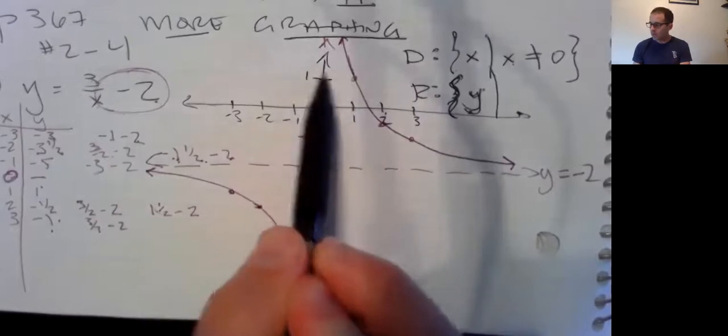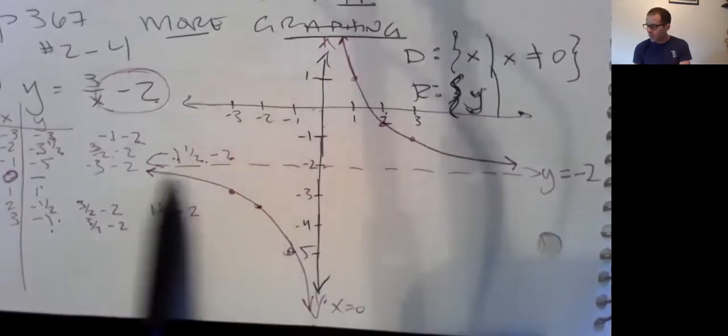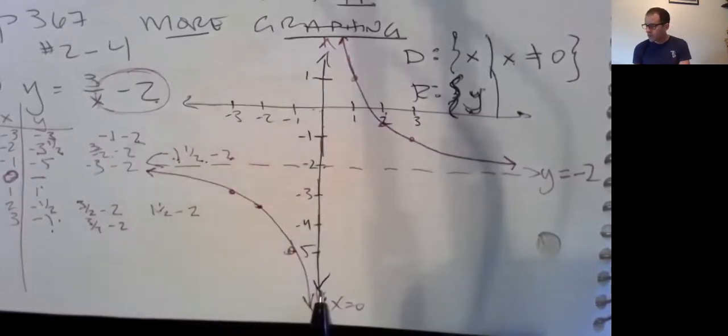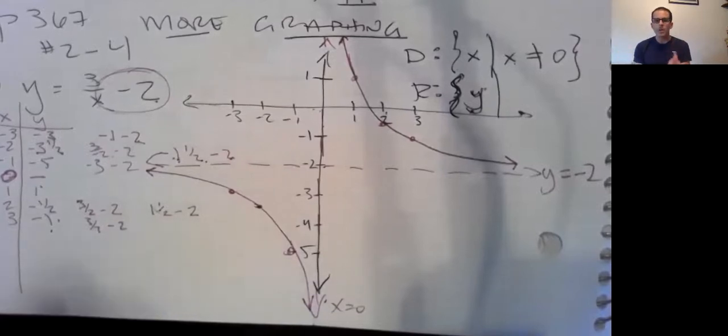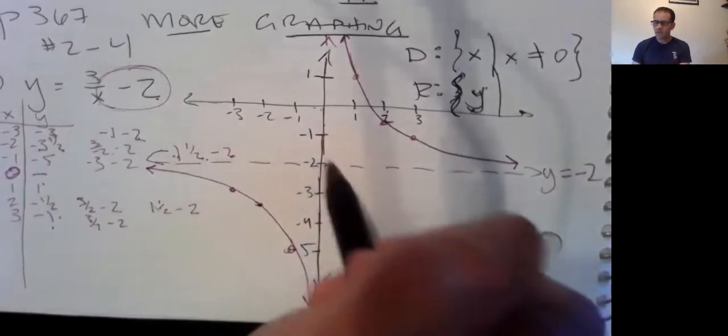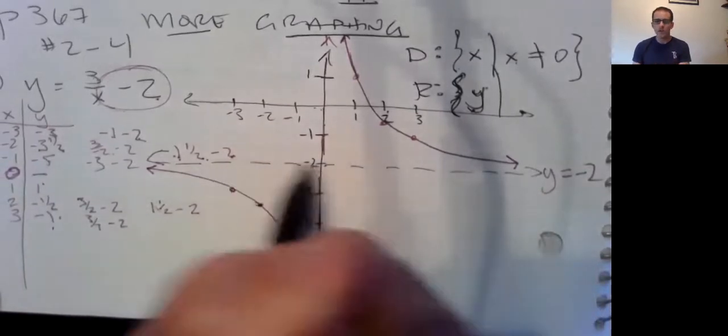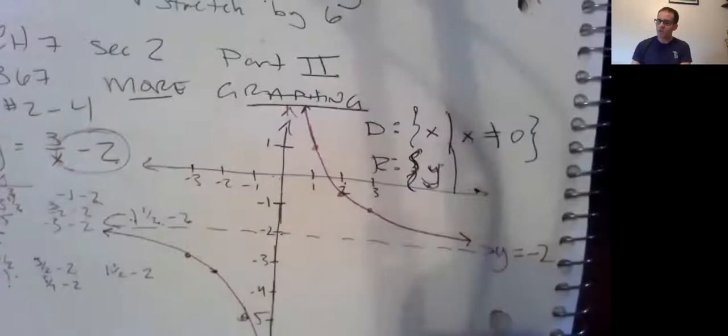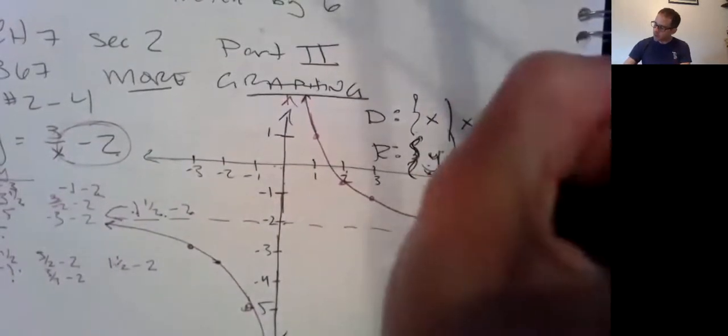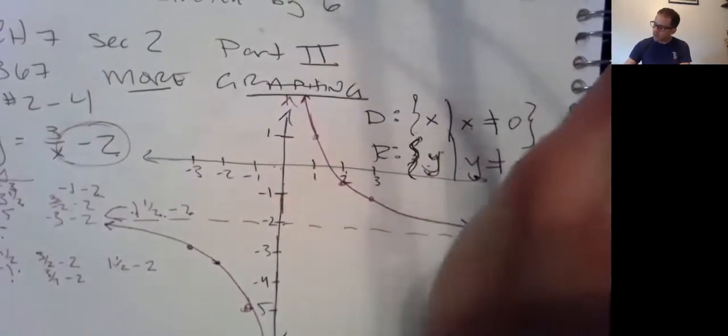So everybody over here ran straight to the y-axis, everyone over here ran straight to the y-axis. What's the one number that's going to have no one standing on it? -2, because no one's standing left or right of -2. So your range would be all the y's such that y can't equal -2.